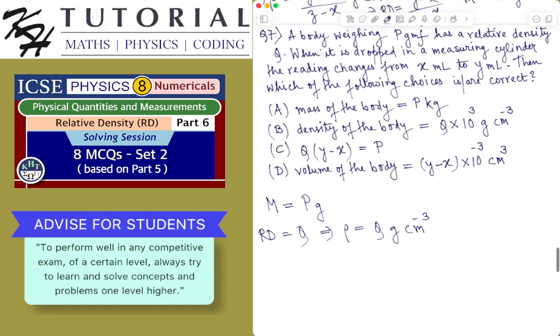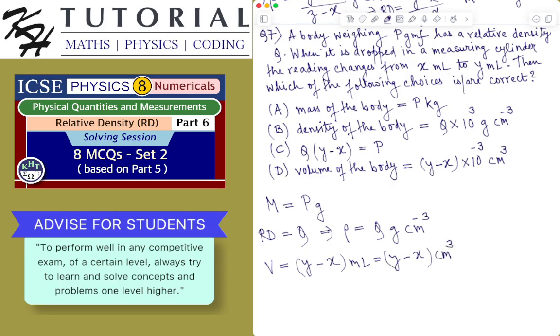Also, the volume of the body will be equal to the difference in the reading in the measuring cylinder when the body was dropped inside. So the volume of the body is y minus x milliliter, which is equal to y minus x centimeter cube.